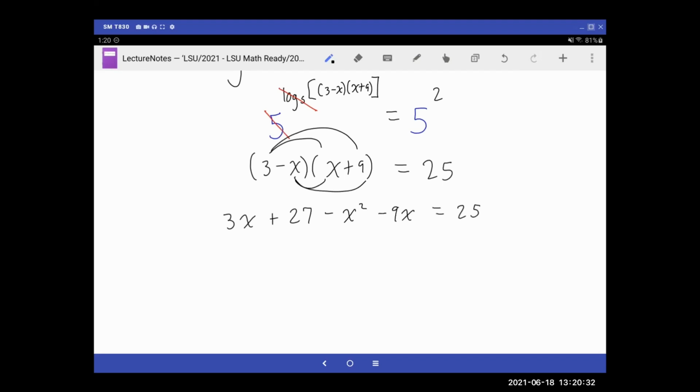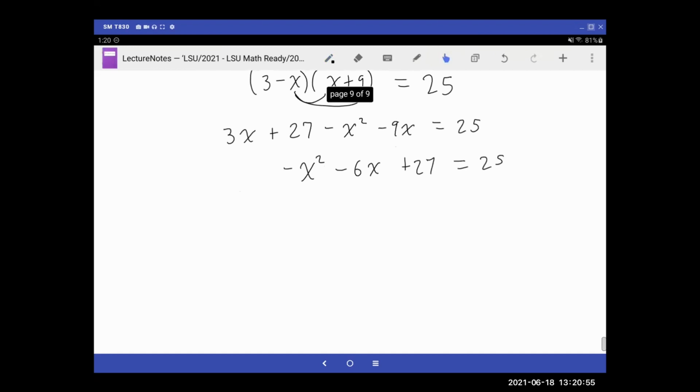Okay, and now I need to solve a quadratic. So if it's a quadratic, let's combine like terms first. Negative x squared, 3x minus 9x is negative 6x, plus 27 equals 25. Okay, and there's a couple of options. I like completing the square here. This is not a factorable problem, so we're going to complete the square.